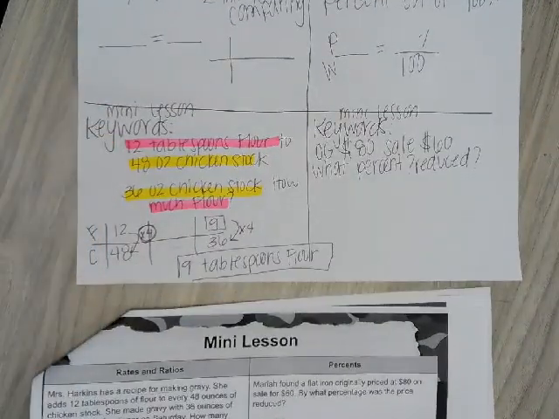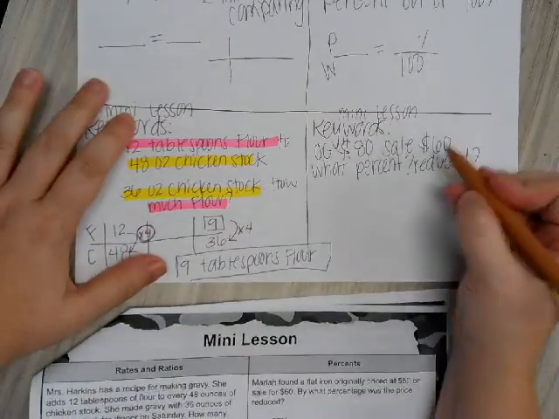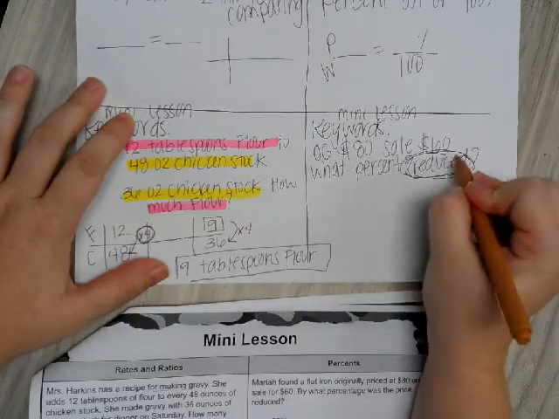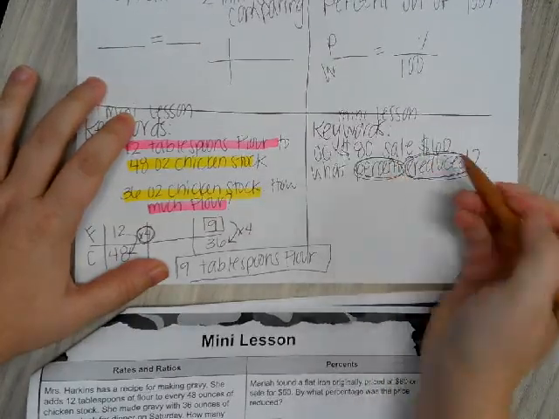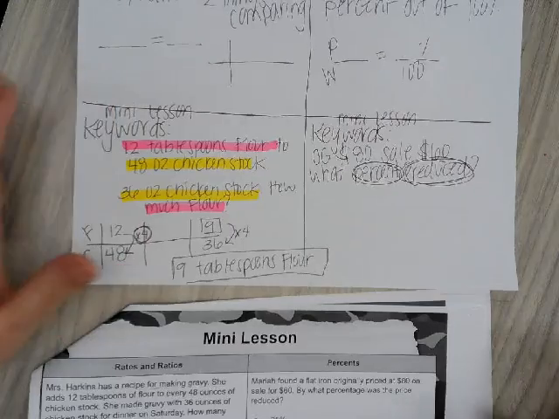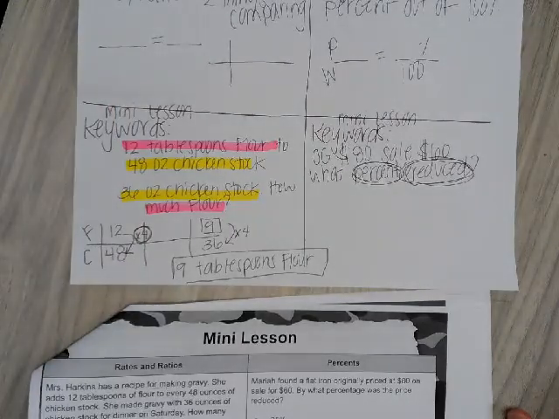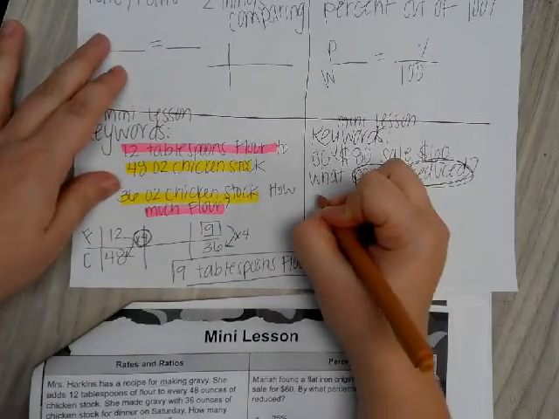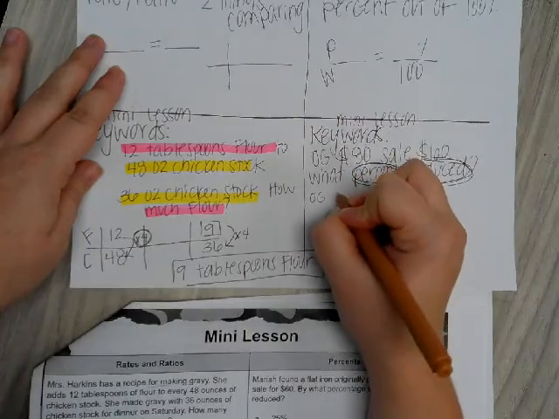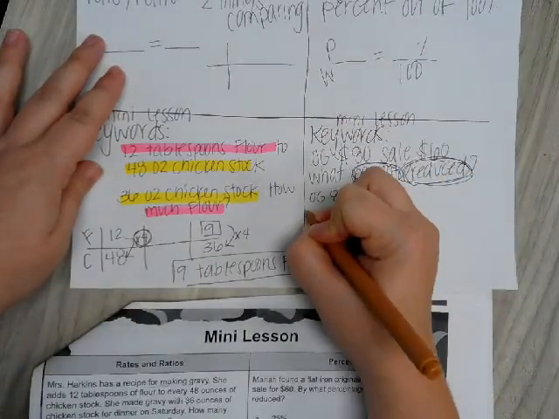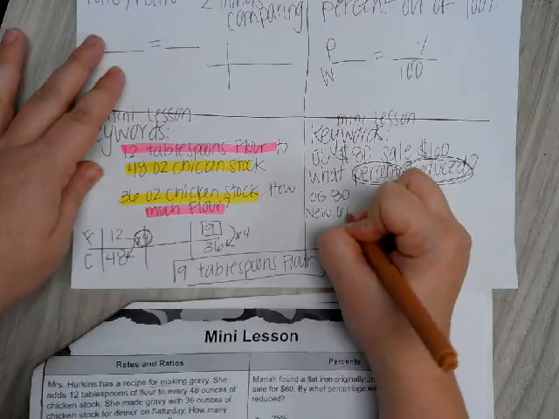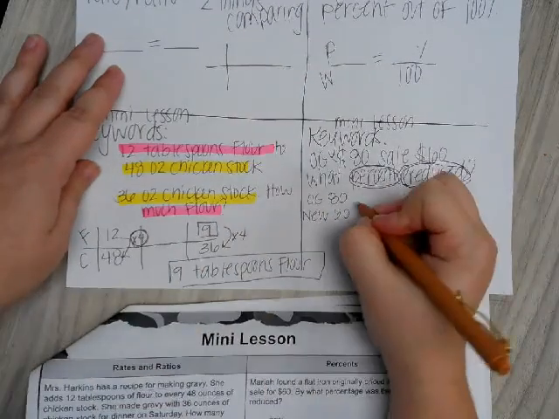Okay, so when I have words like reduced, and I know that I'm talking about percent, I know that that's going to be percent increase or percent decrease. So my original was 80, my new price was 60. Well, how do I get from 80 to 60?